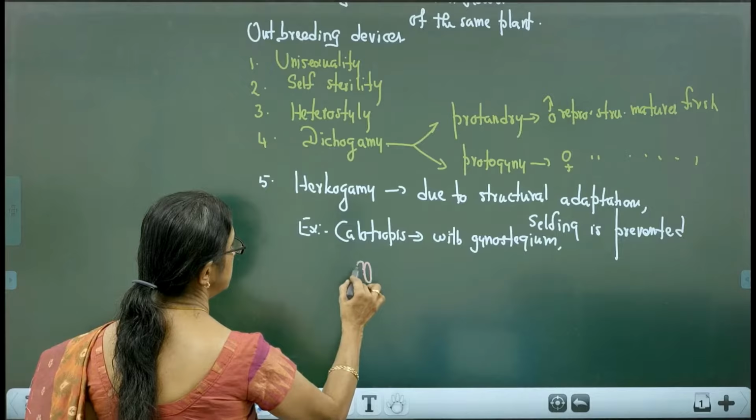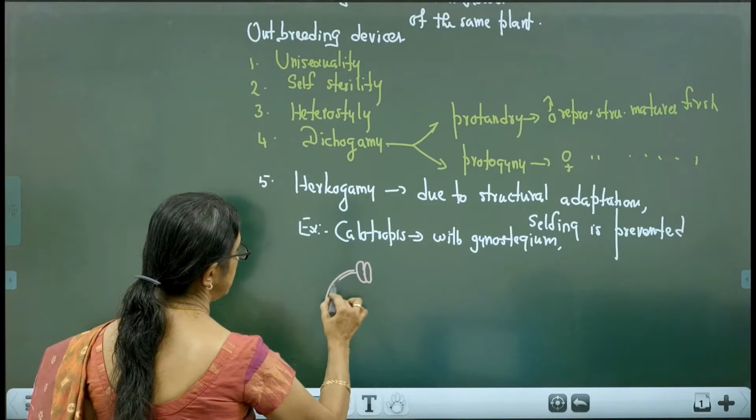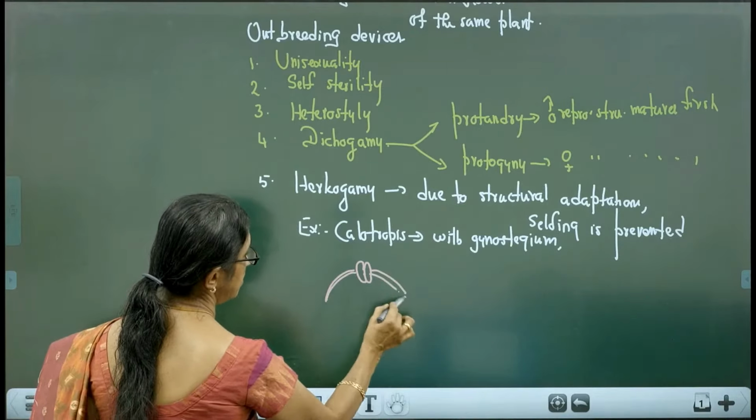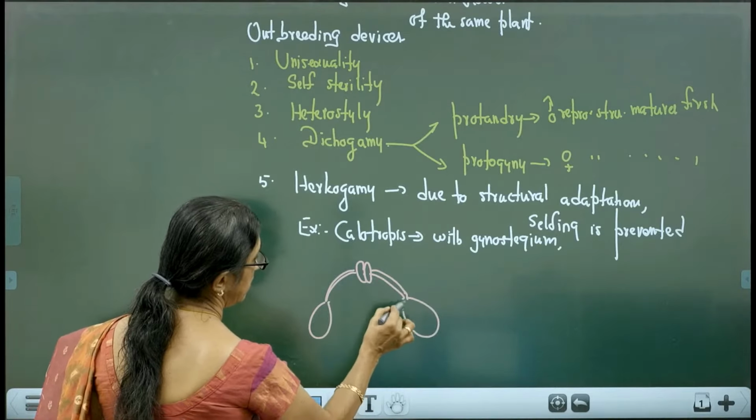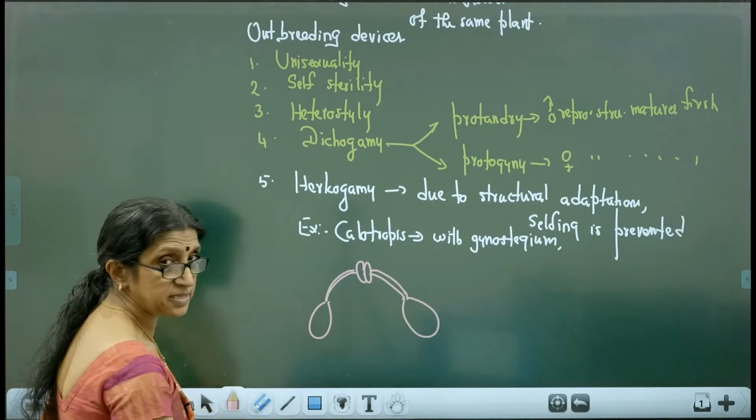This is the structure with a small stalk-like structure at the tip. The sac is seen with the pollen grains. It is pollinia.